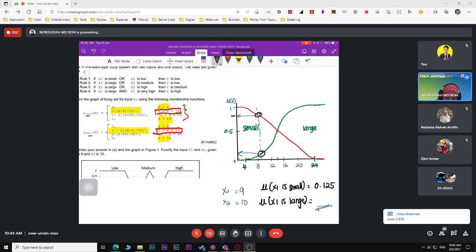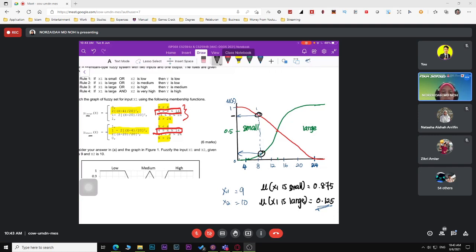Sorry, terbalik. Tengok kata kat orang sendiri terbalik. Untuk large 0.125. Untuk small 0.875. Betul Aina? Daniel terbalik Daniel?